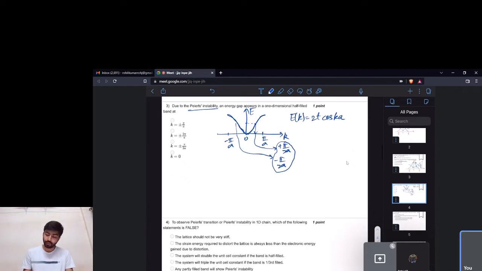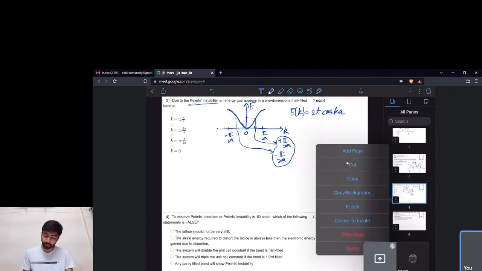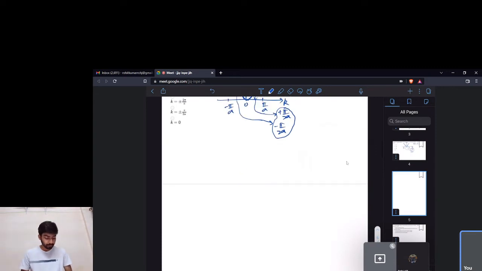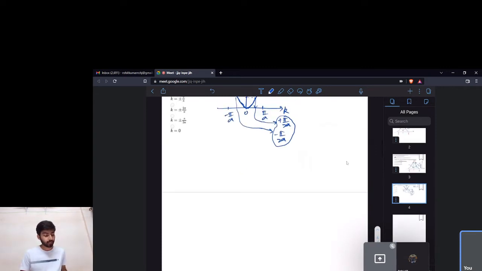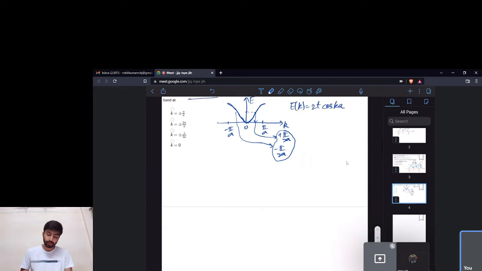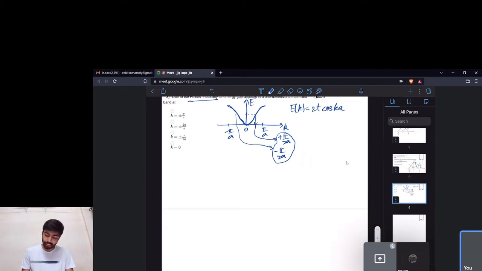Now if we go to the reasoning of it, let me reason it out for you. Here we have k equal to plus minus pi by 2a, and since k is intimately related to lambda, the wavelength, lambda in this case would be 4a.